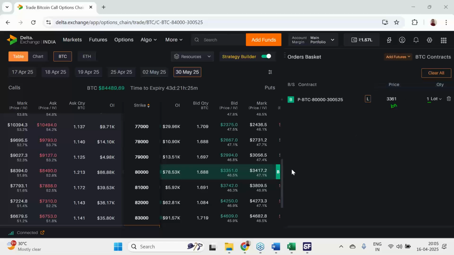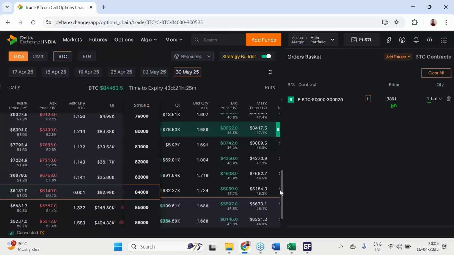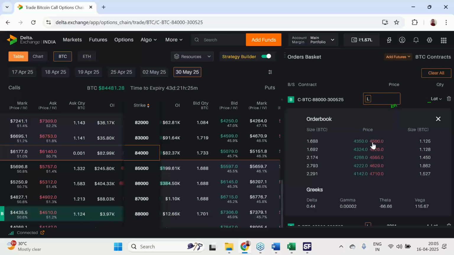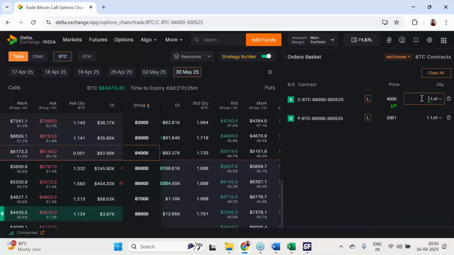So now in the same way I am going for the 88,000 call. Buy. So this is the place you are telling it will come now. So I will be buying this one. Here it will come in 10 days or here it will come in 10 days time. This is what I got. Fantastic.